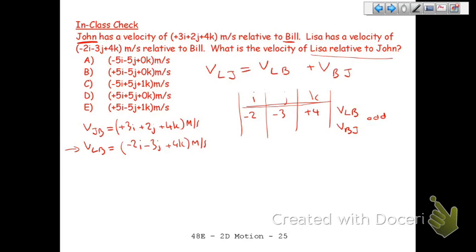Notice the order's backwards. The order that it's written down matters. You've got to interpret, is it me relative to you or you relative to me? That makes a huge difference. Well, I can change that. It's just going to be the opposite. If that is that, that is that.